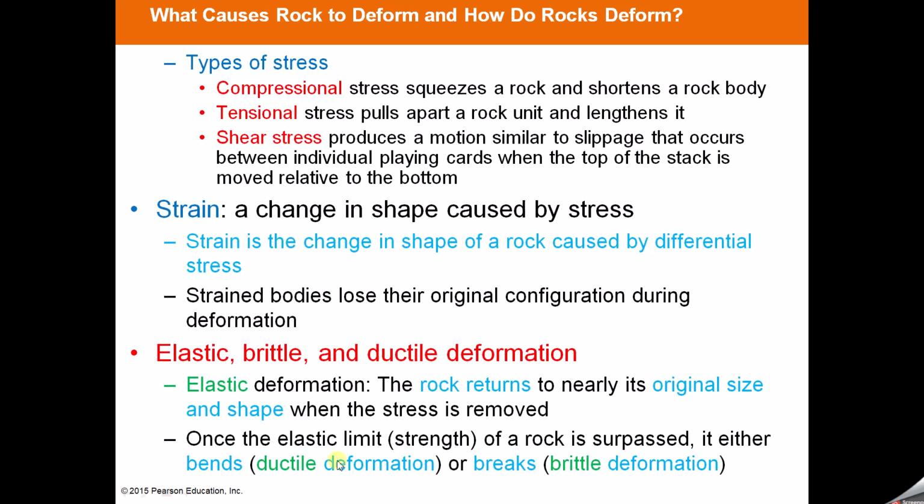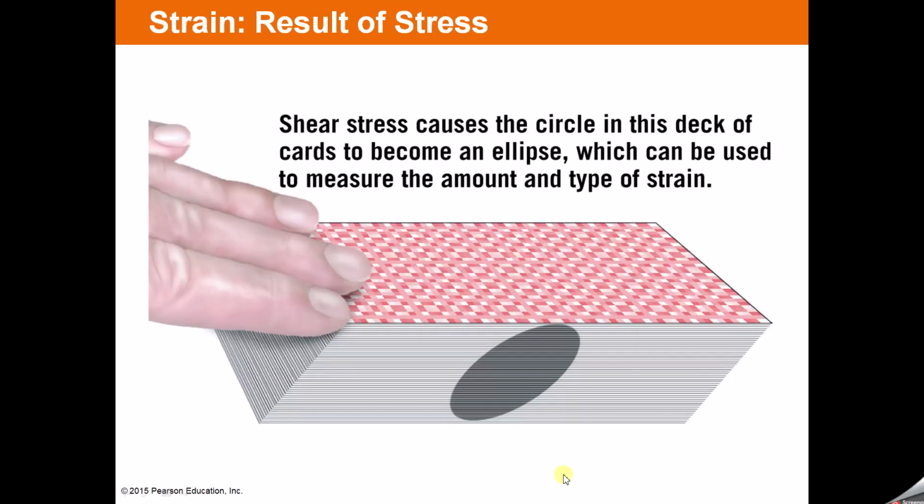But once the elastic limit, or the elastic strength, of a rock is surpassed, the rock either bends, which we call ductile deformation, and this causes folds, or breaks, which we call brittle deformation, and this causes faults. Usually bending happens at greater depths, and brittle deformation, or breakage, happens at shallower depths near the Earth's surface.